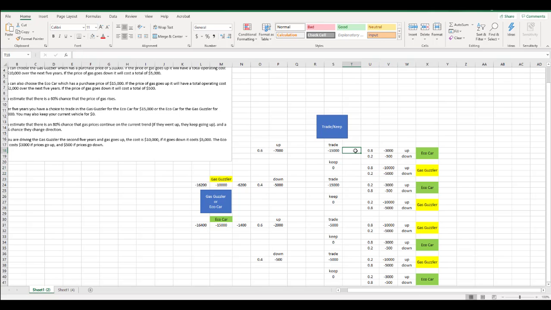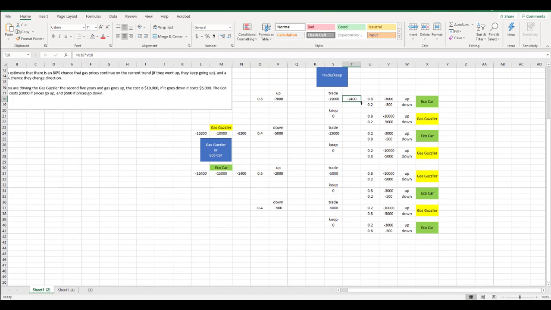So all I need to do for this is equals this times this, and that gives me the value of each of those. I can just drag this down, autofill down, and take these out, just a little bit quicker than typing that same formula many times.